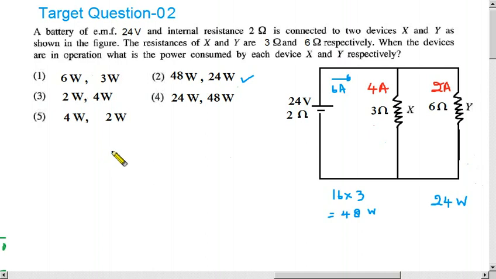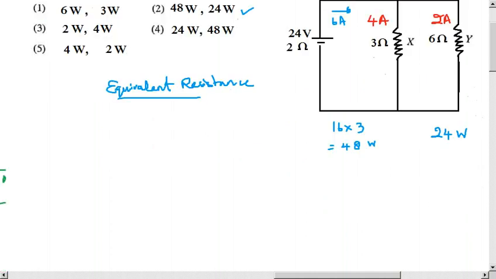So let us first find the equivalent resistance. What is the equation? Either you can use multiplication divided by sum. So that is what I used.